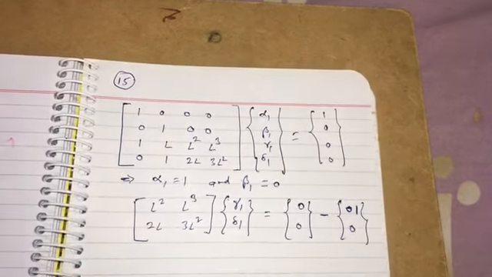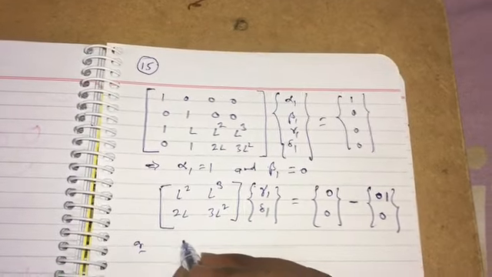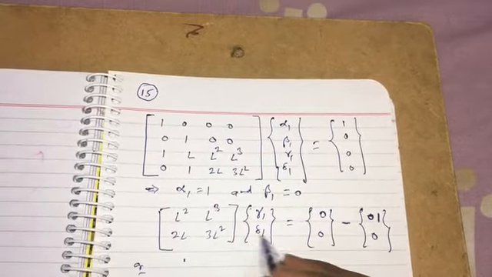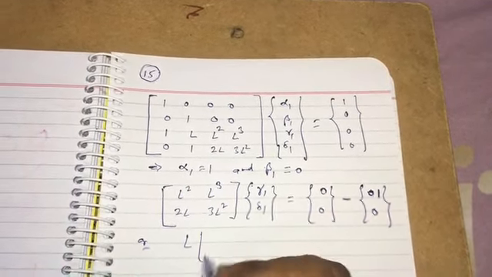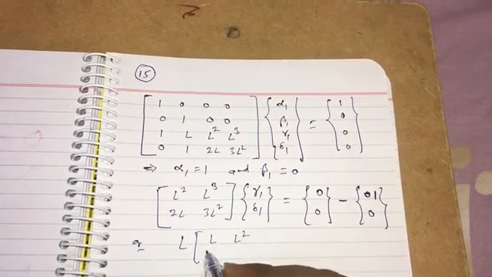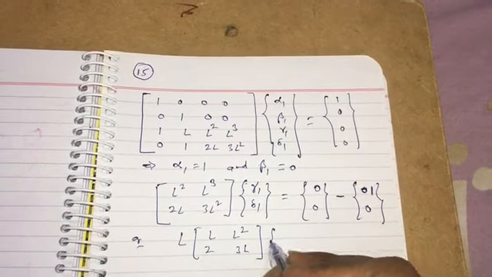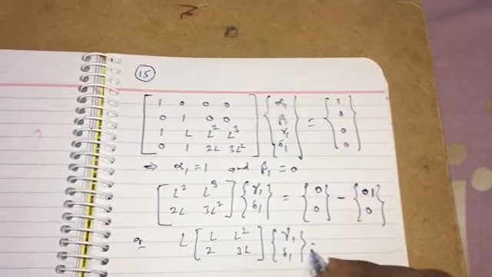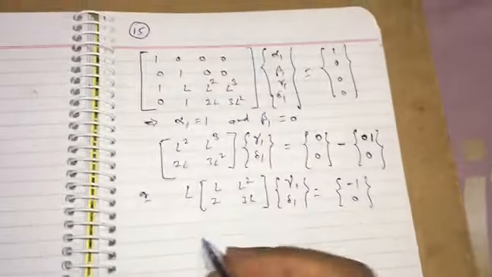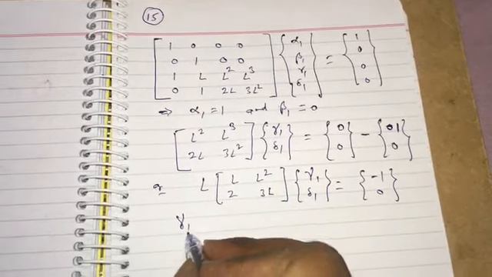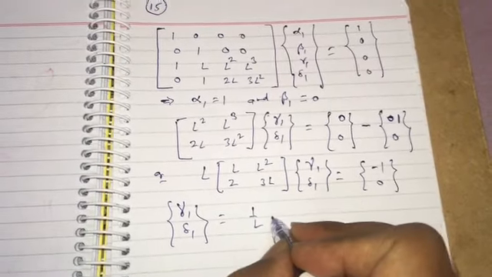So what we get is this. We can also take L as common, so we get L², 2, 3L, multiplied by gamma 1, delta 1, equal to minus 1, 0.